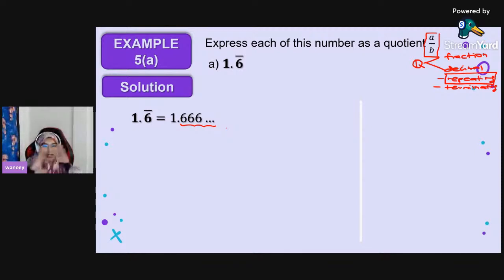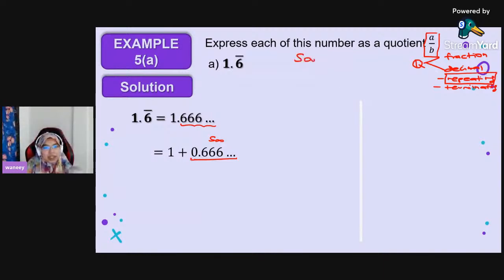So 1.666, the repeating number is 666. So 1 is not repeating, and then we have the repeating part, 0.666 dot dot dot. I'm going to use S infinity for this one, so I should find out the value of A and the value of R.